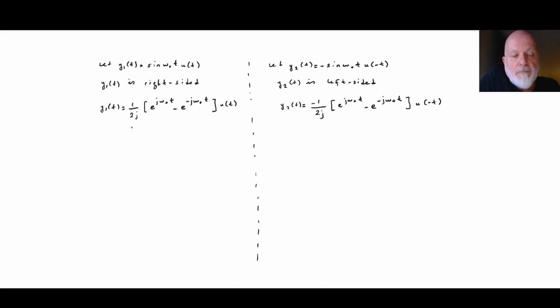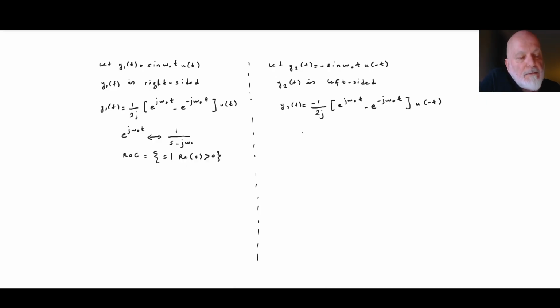Okay, so we have e to j omega 0 t. This has the Laplace transform 1 over s minus j omega 0 with the convergence region. Okay, let me write it over there. The convergence region here for this case is all those s such that real part of s is positive.